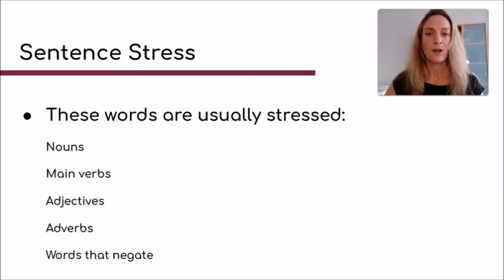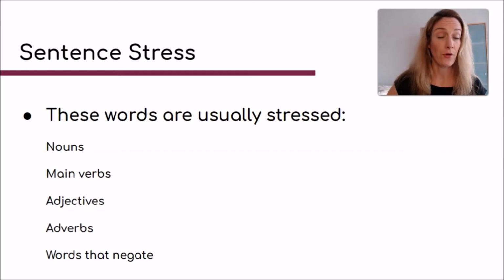And so to summarize that, usually the words that are stressed in English are therefore nouns, main verbs, not auxiliaries, but main verbs, adjectives, adverbs, and also words that negate, so words that make something negative, because of course if the sentence is suddenly negative and it changes the meaning, you could go back again to the sentence about the girl who was in Australia but not in New Zealand, right?